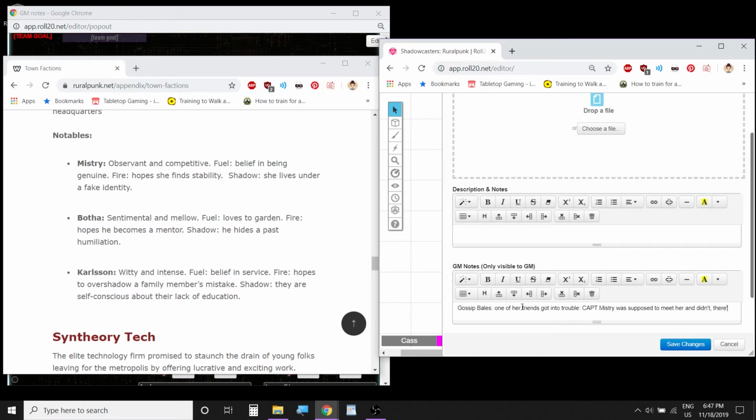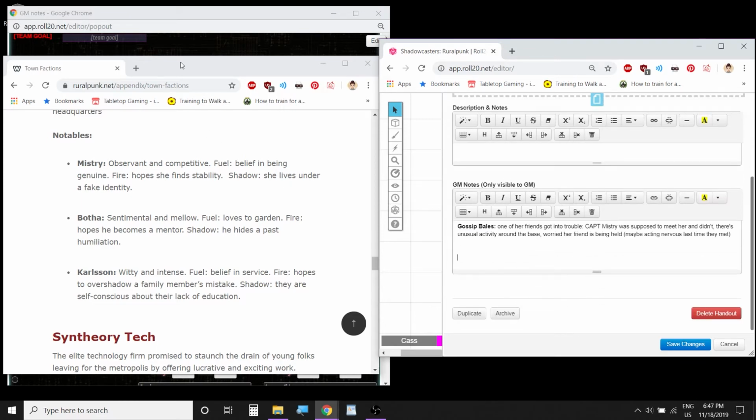And there's unusual activity around the base. She's worried her friend is being held and was maybe acting nervous last time they met. So I think that's one of the things that's going on in town.